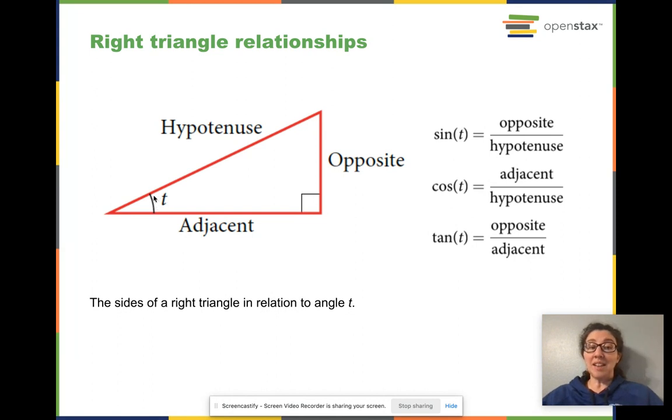You would say sine of this angle t is opposite over hypotenuse. Cosine of this angle is adjacent over hypotenuse. And tangent is opposite over adjacent. So that's where we get SOHCAHTOA. If we're not in the unit circle, we just have a right triangle here, and we can use those ratios to find the different trig functions.